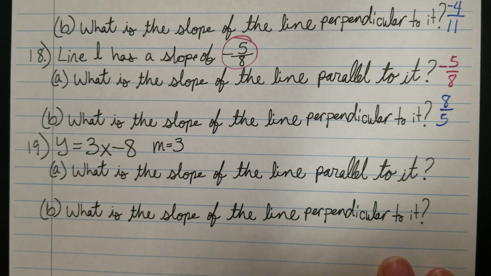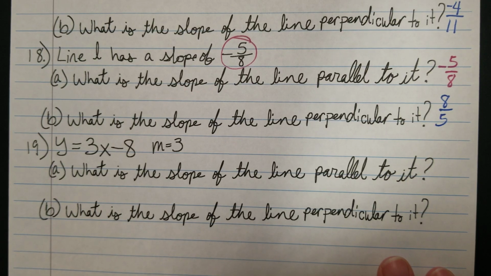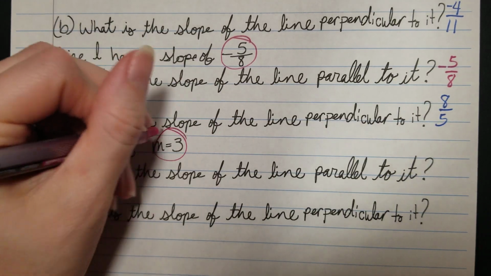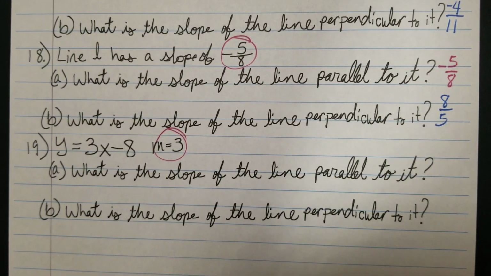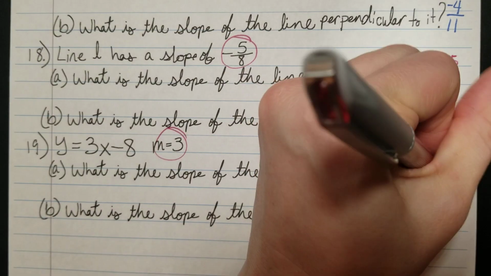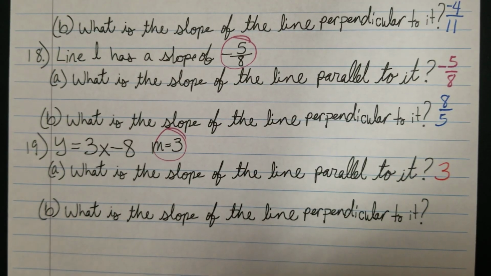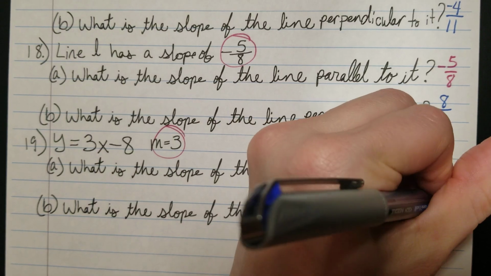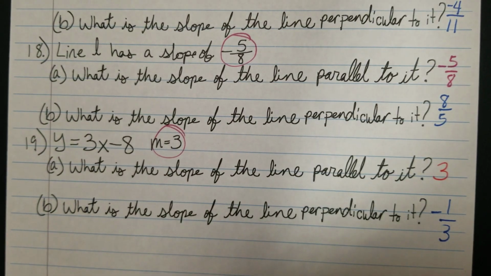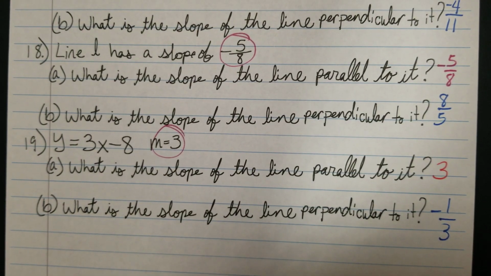All right, and then number 19, if the slope is 3, that means that the slope of the parallel line is 3, and the slope of the perpendicular line is -1/3.